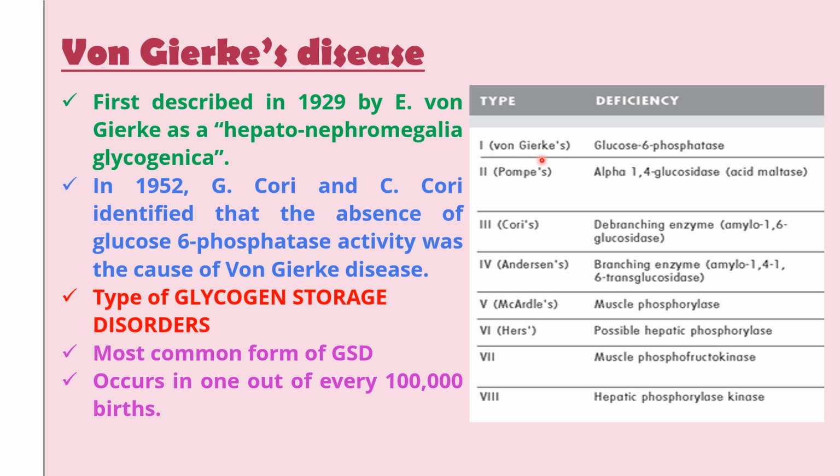Type 1 is von Gierke's disease, which is due to glucose 6-phosphatase deficiency. Type 2 is Pompe's disease due to the deficiency of alpha-1,4-glucosidase. Type 3 is Corey's disease due to the deficiency of debranching enzyme, and so on and so forth. But in this video, we will be discussing only von Gierke's disease.